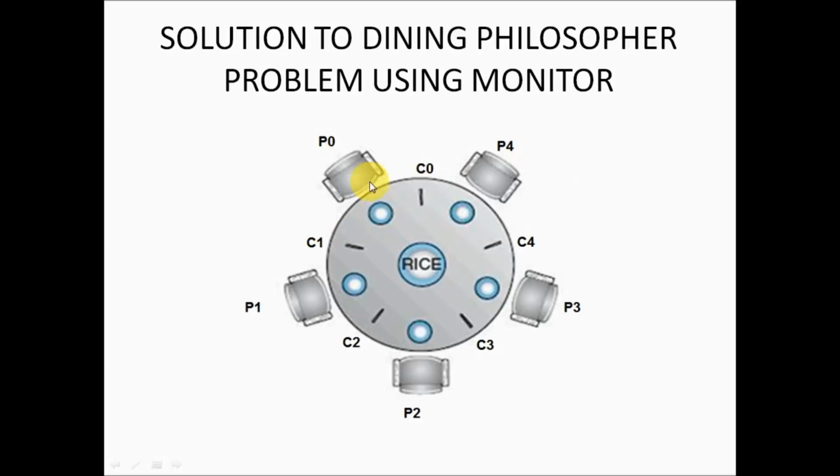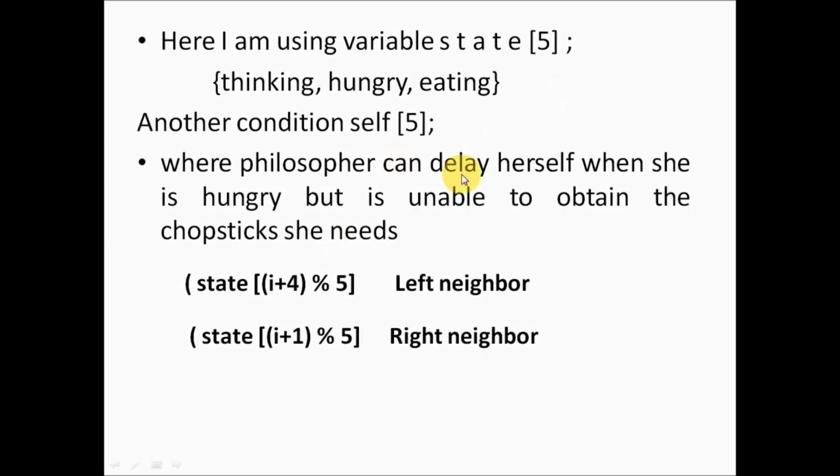For example, for P0 to eat, P0 needs C0 and C1. If any one of the chopsticks is not available, then the philosopher should wait. So to wait, the philosopher should use the self condition.